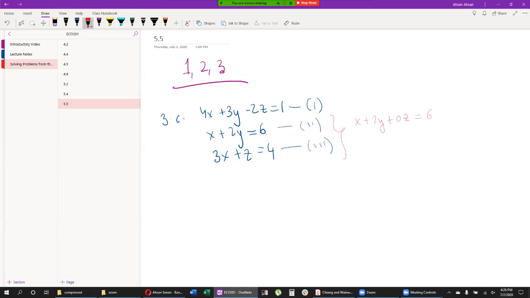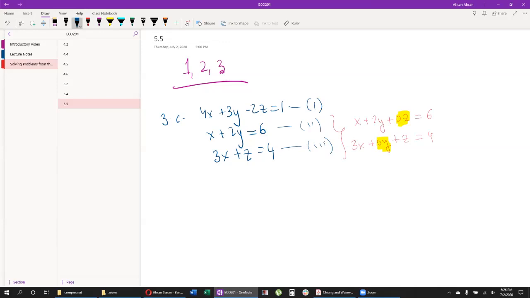It's 0, so it doesn't matter if you're adding or subtracting or whatnot. And equation 3 can be rewritten as 3x plus 0y plus z equals 4. So effectively, this and this is not given in the equation.